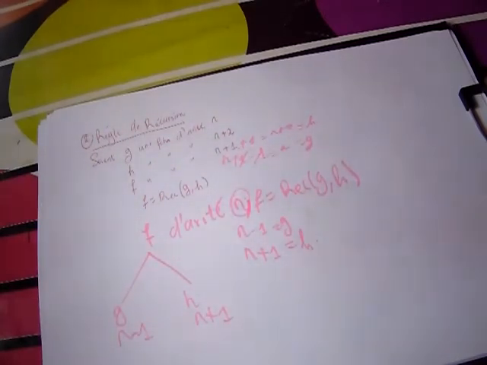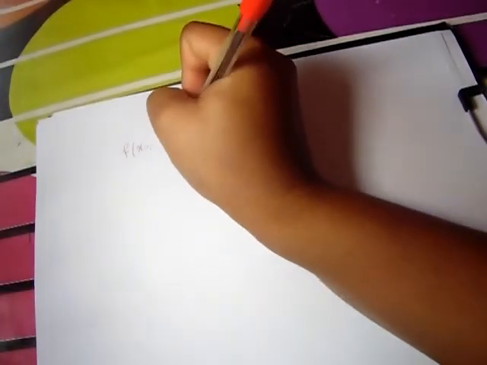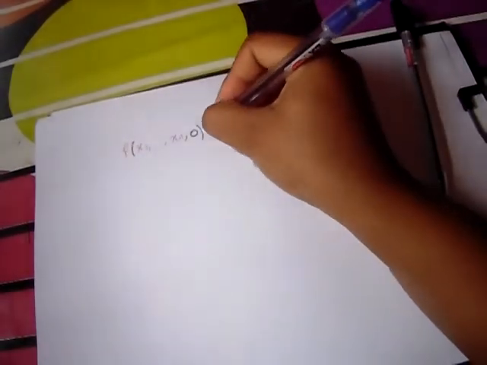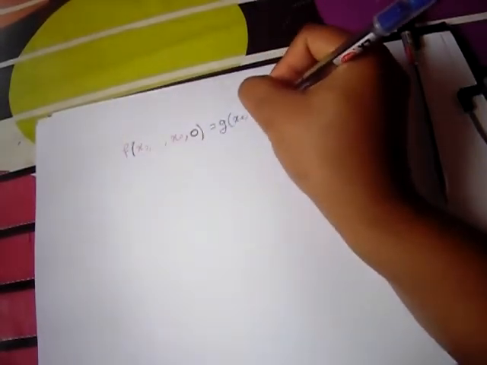So generally we define the règle de recursion comme ça: f of x1 jusqu'à xn, 0 gives us g de x1 jusqu'à xn.